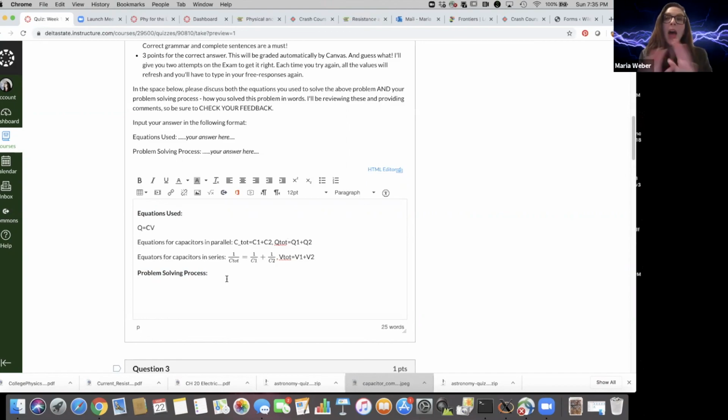However you want to write your problem-solving process is fine with me, but this is what I'm going to do. I'm going to say step 1 for solving this above problem. What I needed to do first was find the equivalent capacitance of the capacitor combination.